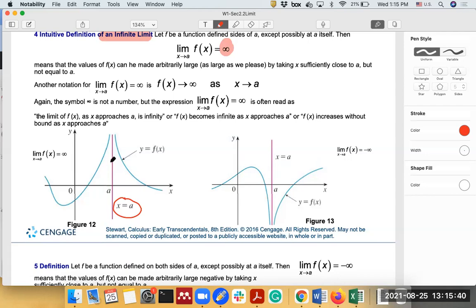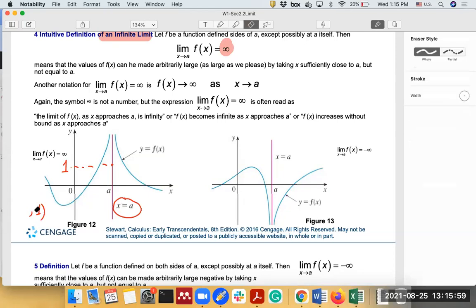The value in the y coordinate could be anything. If this point right here is 1, then the point (a, 1) belongs to this graph x equals a. We don't care about the y.